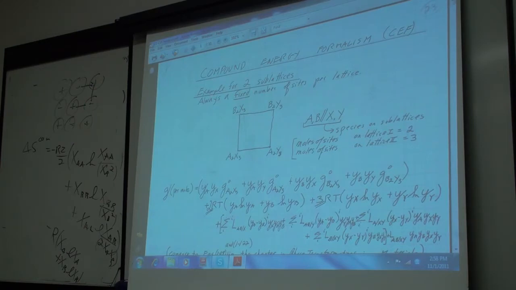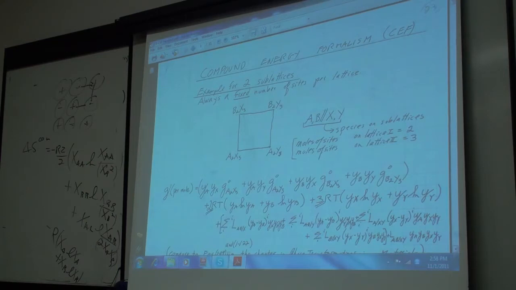You have an ideal mixing on each sublattice. And the big lambda term is just a correction you can make if you want. Also, when CALPHAD people talk about the compound energy formalism, there's a little confusion in terminology, but they're also talking about a fixed number of sites on each lattice, a fixed ratio.